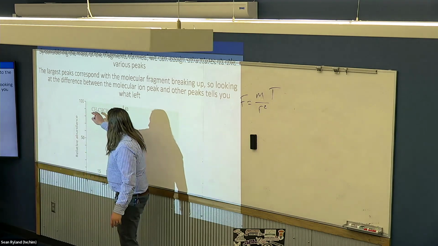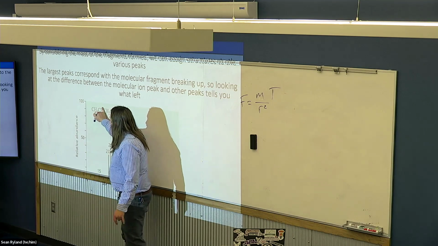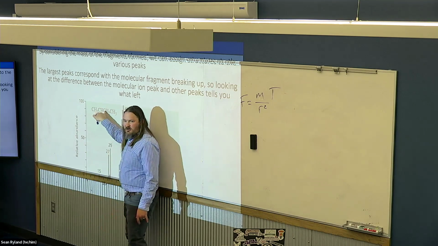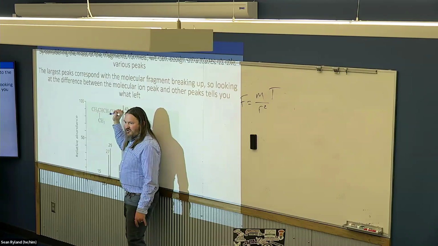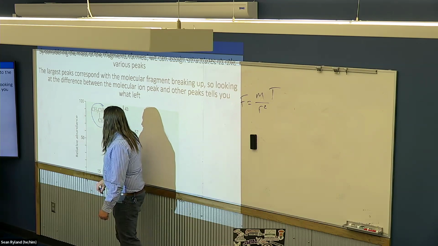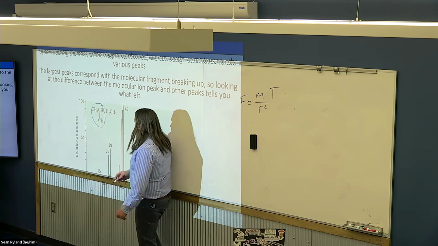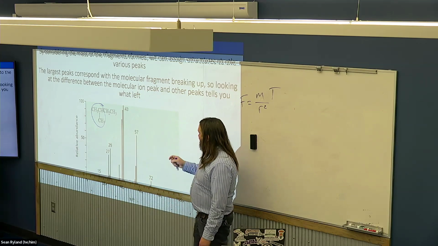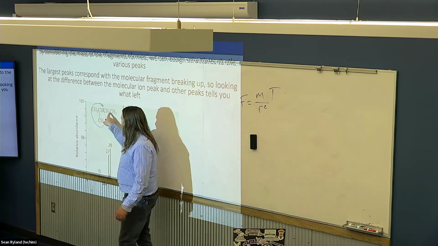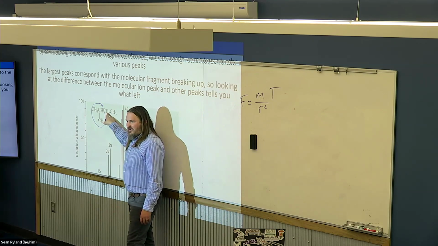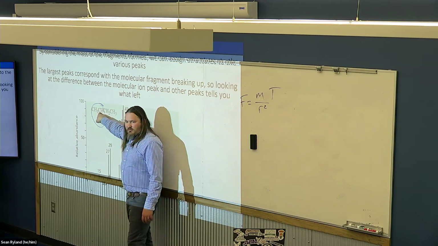43 being left means basically we knocked an electron off between these two carbons. The ethyl fell off and took the radical, and this chunk is left. So that's going to be our most common fragment, because instead of getting a methyl radical, you get a primary radical, and instead of getting a primary carbocation, you get a secondary carbocation.